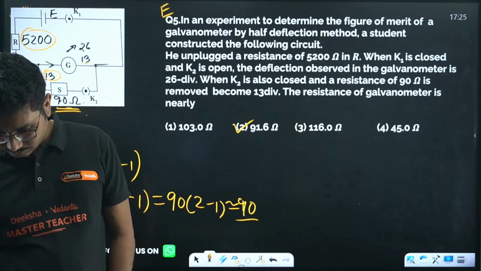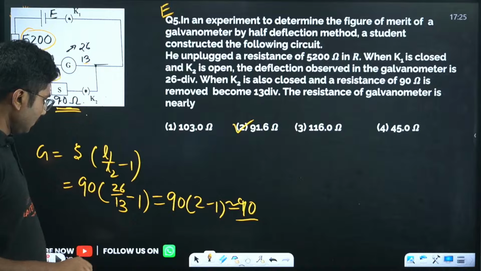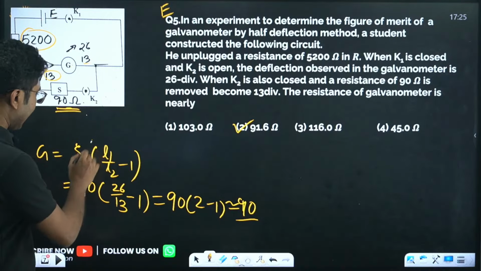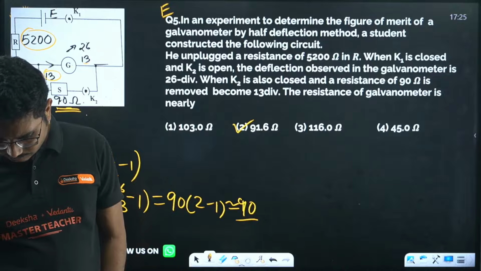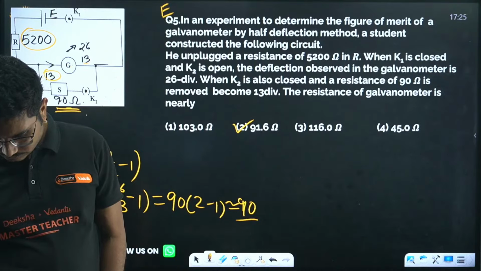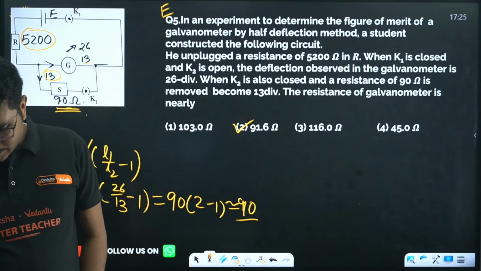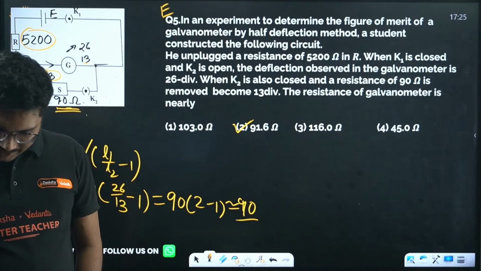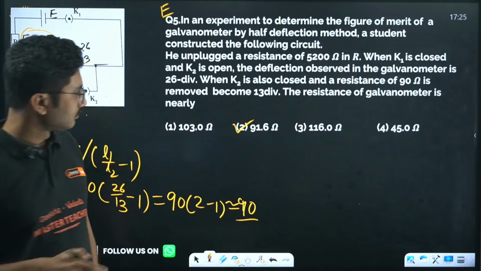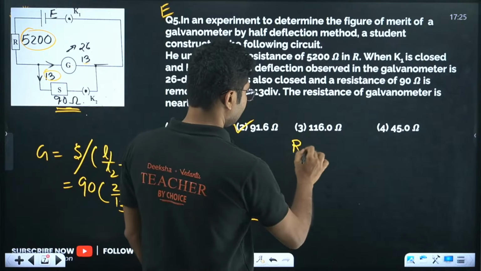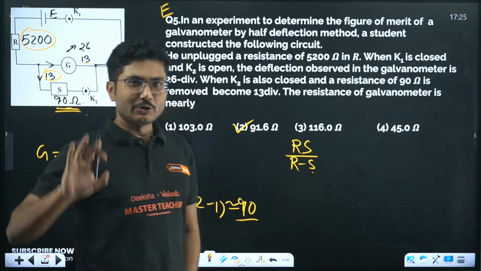Yes. You are saying yes, okay, whatever you use, you will get the same answer. RS into R minus S. Yes, that method also you can use. Actually this is very easy to remember.